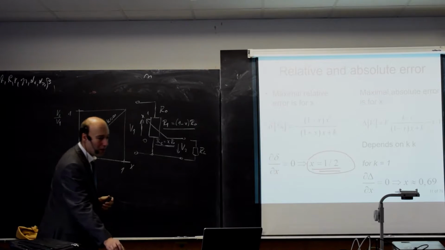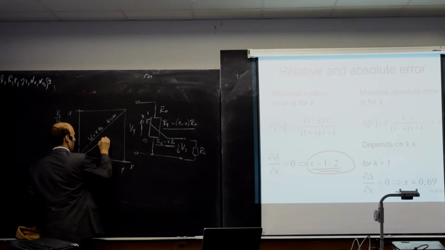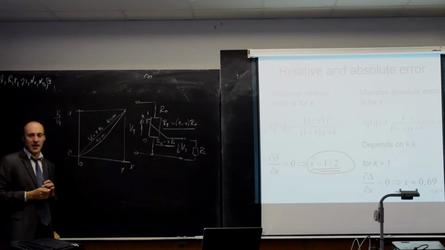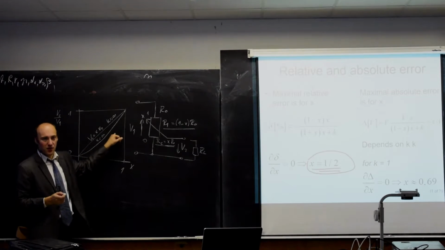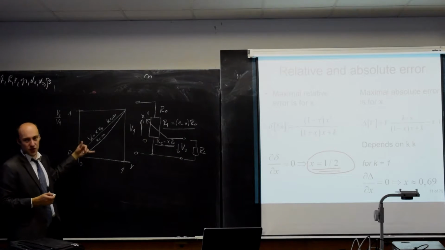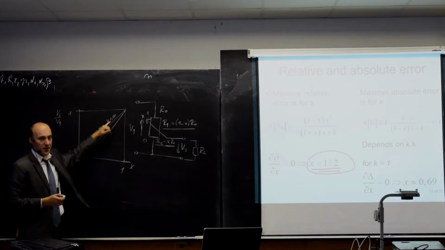So if we will plot the dependence for another value of k, so this is k, let's say, smaller than infinity, it will look like this. From the analysis, we know that the voltage that we measure will always be smaller than the correct one, which is this one.